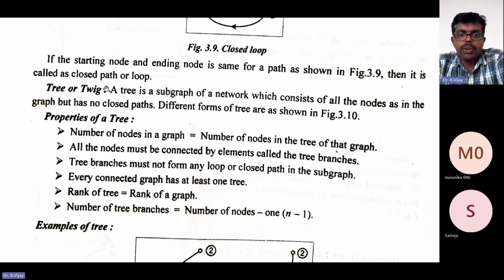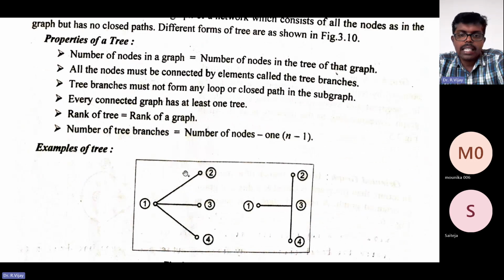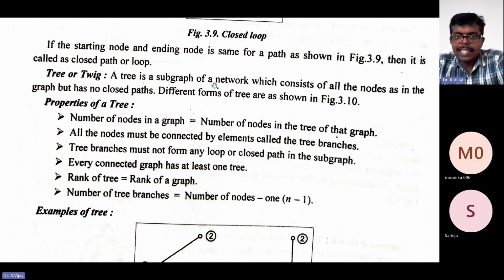So what is meant by a tree? A tree is a subgraph of a network which consists of all the nodes as in the graph, but has no closed path. Okay, so this is called a tree. A tree is a subgraph.